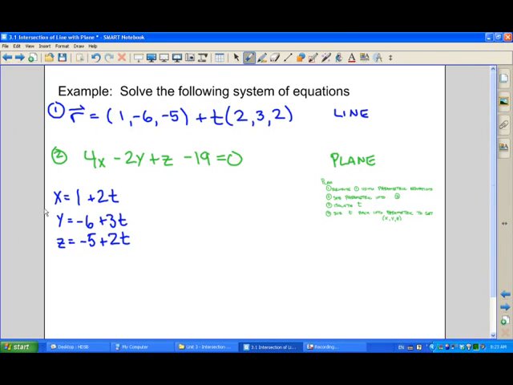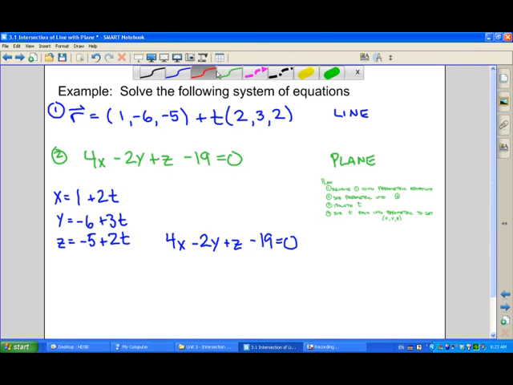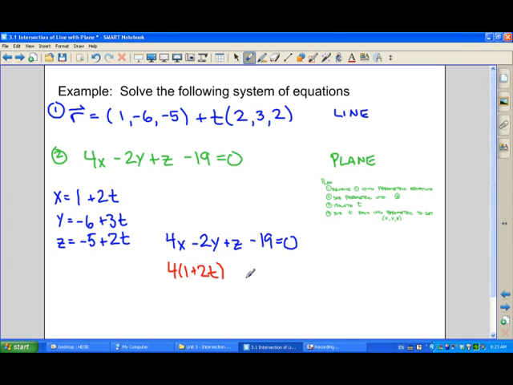And I'm going to take these three equations and sub them into my Cartesian equation of the plane. So subbing them in, I'm going to have to do some algebra to solve for t.